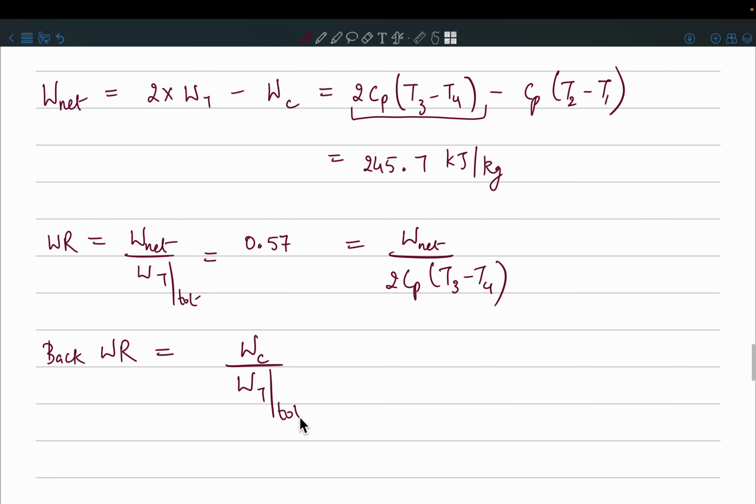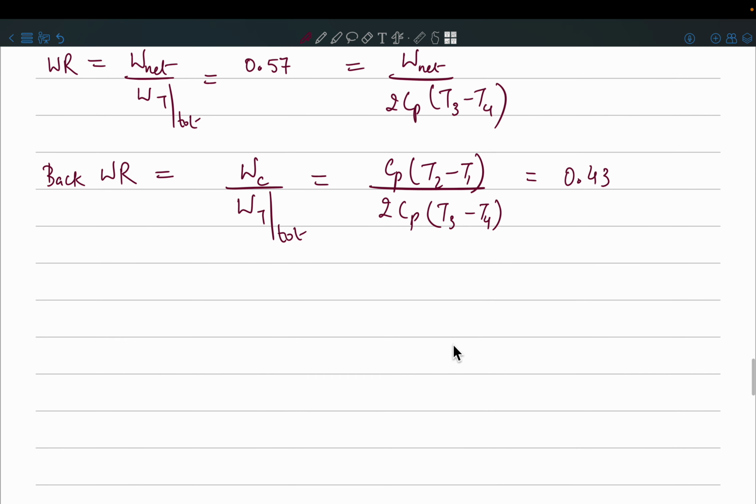So yeah, I should write total. Okay. So then what is the answer? So it is nothing but Cp into T2 minus T1 divided by 2 times Cp into T3 minus T4. So what is the answer? Yeah, it's approximately 0.43.